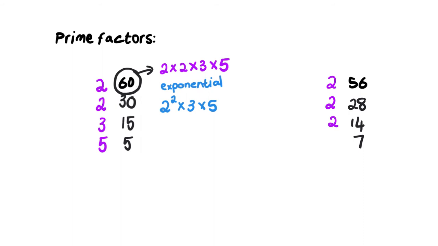And you might know that 7 is a prime number. Therefore, 56 can be written as 2 times 2 times 2 times 7. And in exponential format, that would be 2 cubed multiplied by 7.